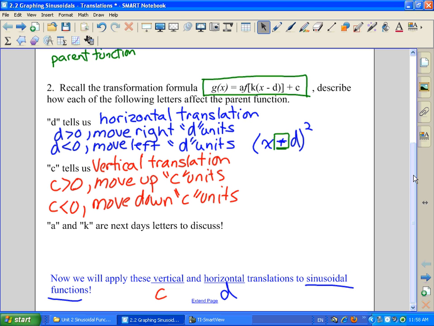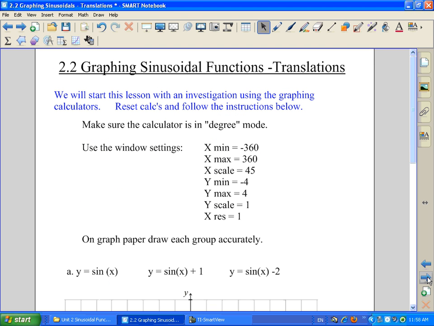Now we're going to be shifting it left, right, up, and down. What you will need for this is a couple of colored pencil crayons, as well as access to a graphing calculator on the computer. So if you have that graphing calculator simulator, please open it up and we will get set here.